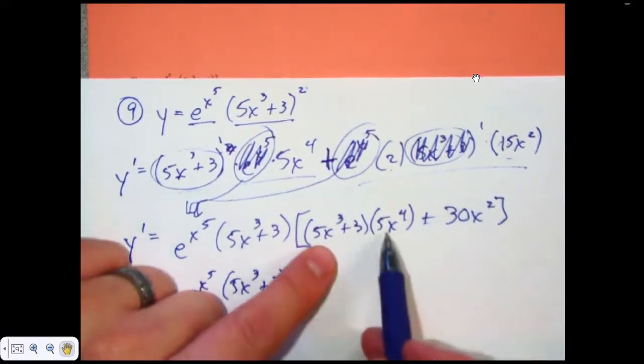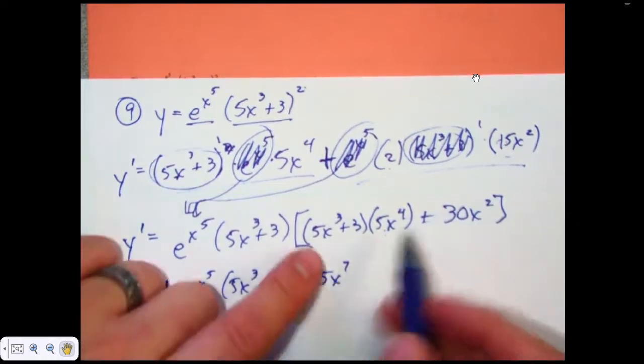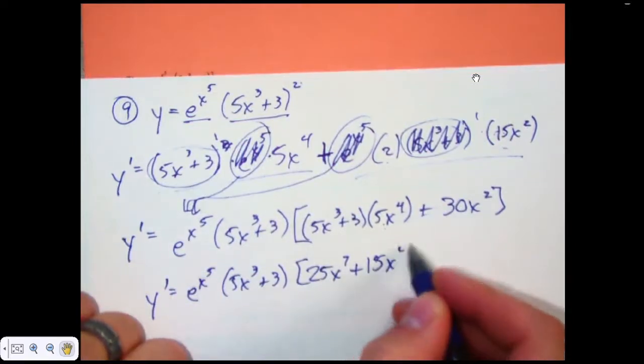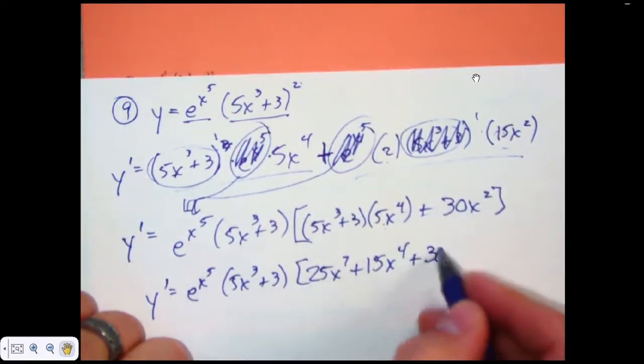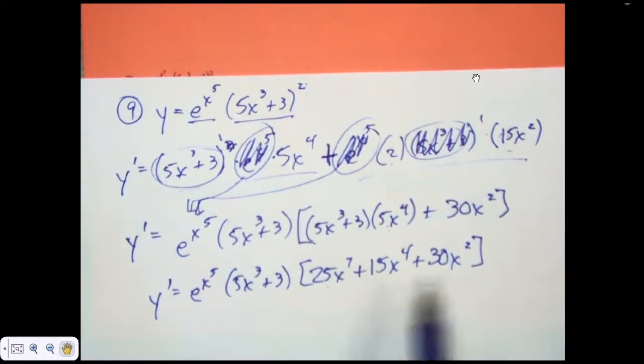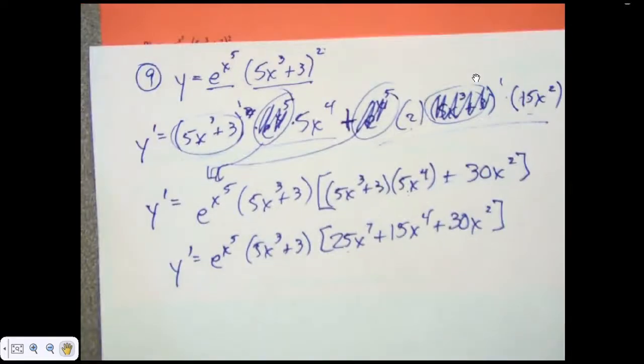So if I multiply these two together, I get 25x to the 7th. If I distribute this part, I'll get 15x to the 4th. And then this 30x squared is still just chilling over there. And that's a perfectly acceptable answer. You could actually take like a 5x squared out of all of that, but you are not required to do so.